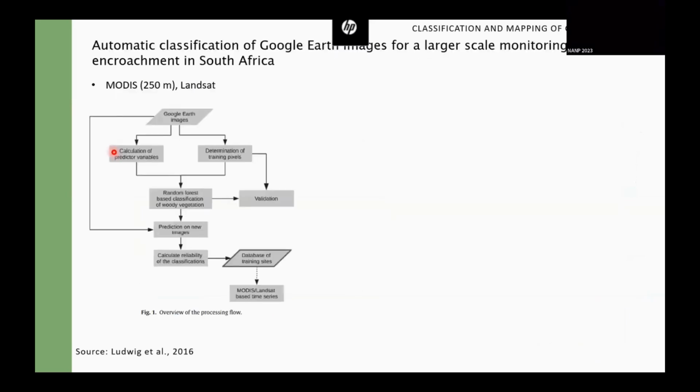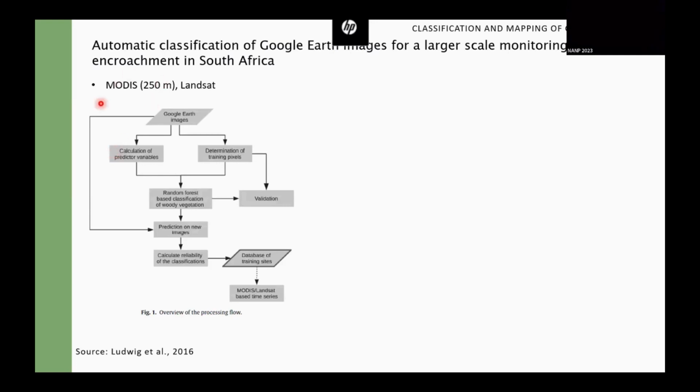In this other example, the authors use Google Earth images. Actually, with Google Earth, we have a very useful tool to get those images, that is the Google Earth Engine. In this example, the authors use the Google Earth Engine for large-scale monitoring of bush encroachment in South Africa. That means the authors wanted to see the areas with wood or no wood.